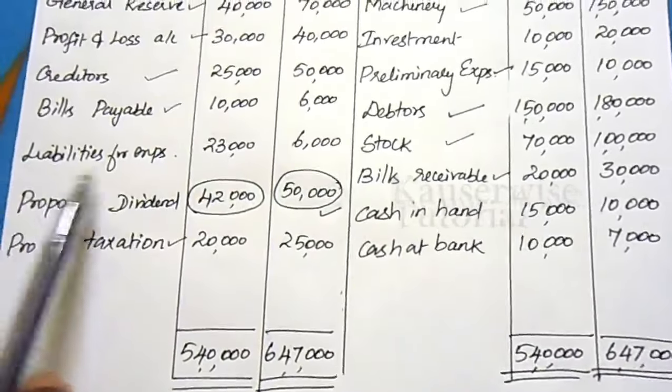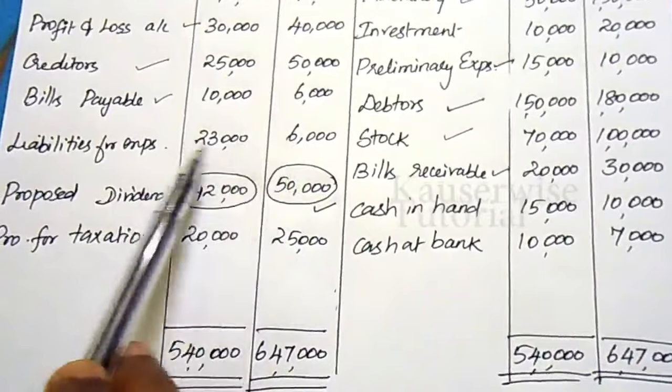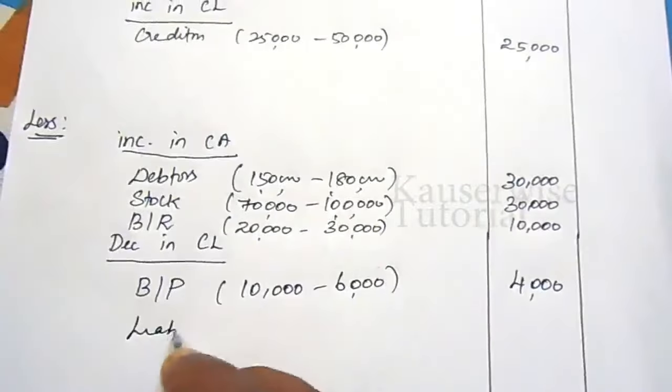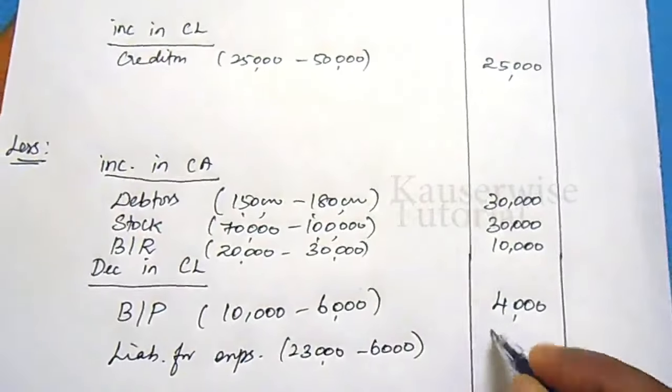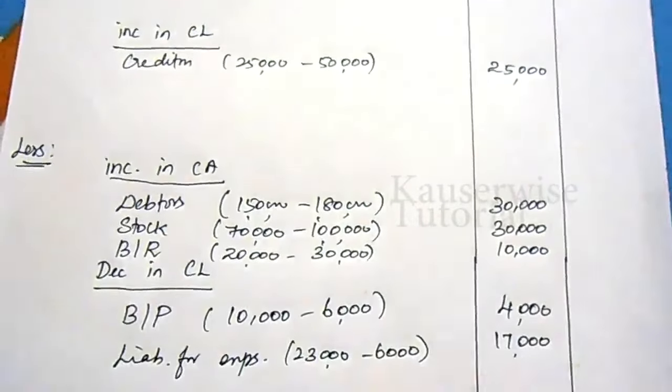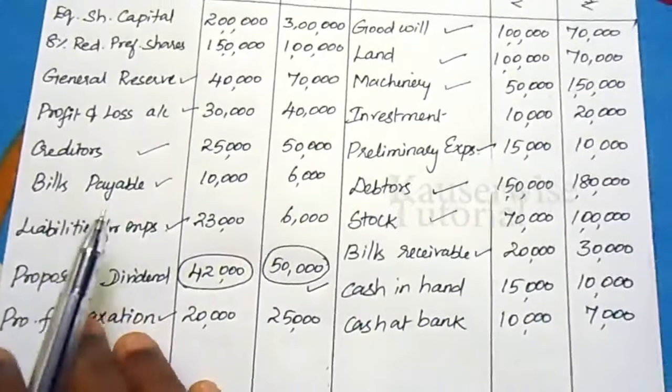Next one, liabilities for expenses. Last year 23,000. This year 6,000 decreased. So liability for expenses. How much? 23,000 minus 6,000. 17,000 decreased. We have entered all current assets and current liabilities. Now find the total.